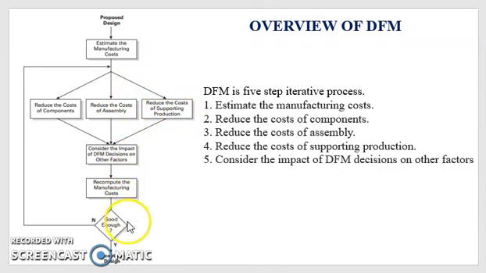The process can even continue up to the start of pilot production. Once the design is accepted, any further modifications in the product are considered to be formal engineering changes or become part of the next generation improvement of the product.